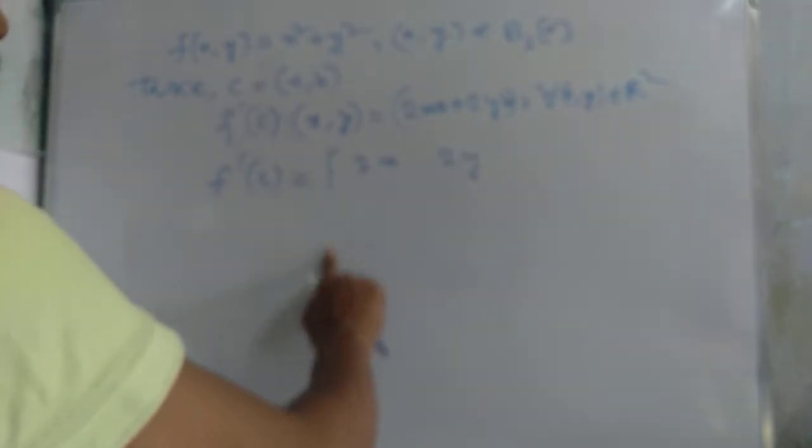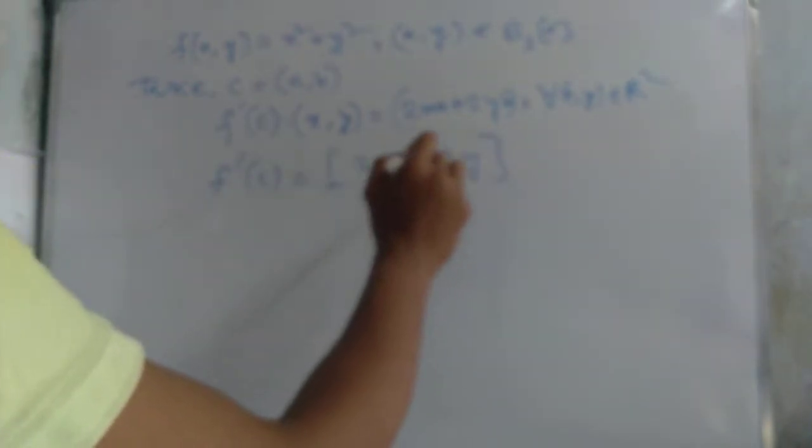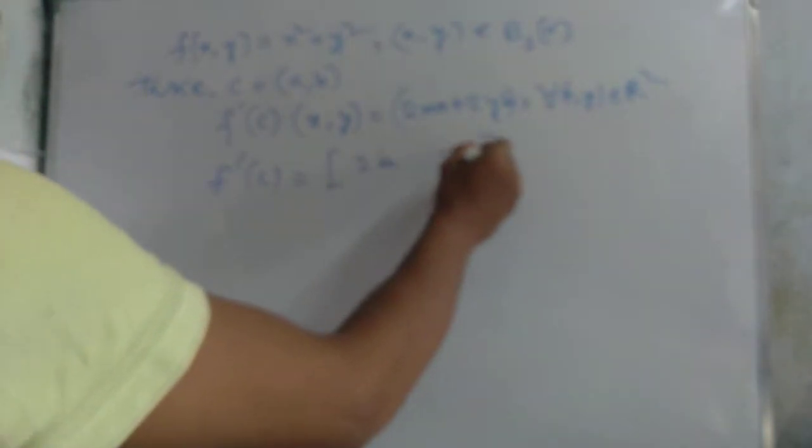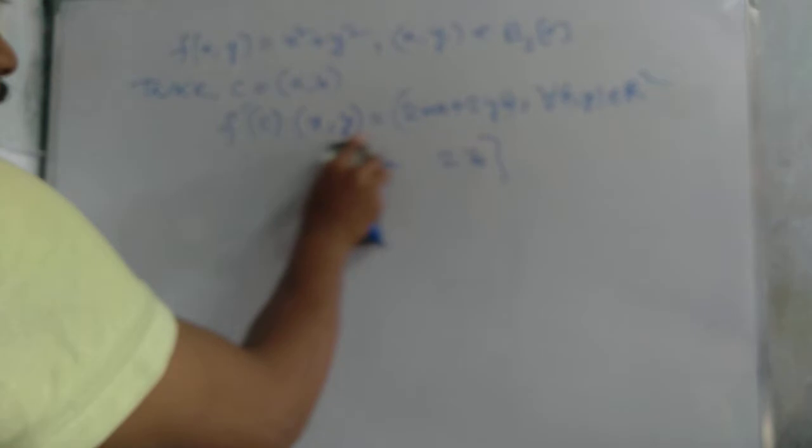Because f dash c is, here 2x and here 2y, multiplied by this. Then if I put c here in place of x, y, it is (a, b). Okay, now it is this portion.